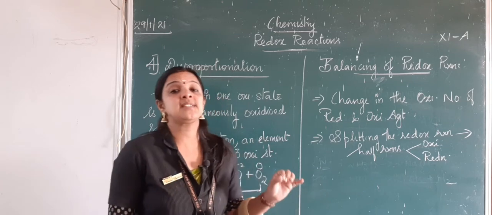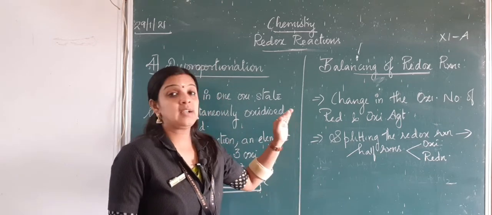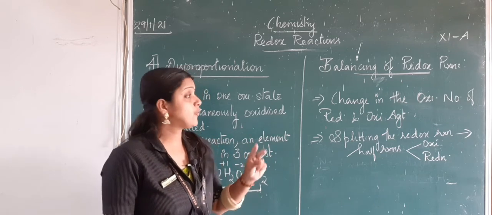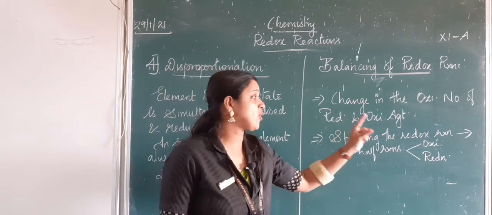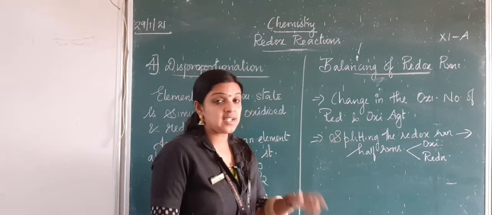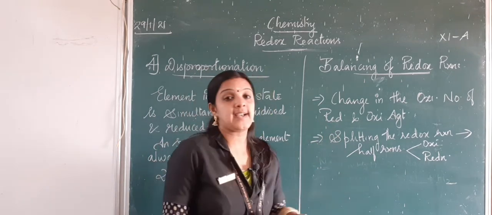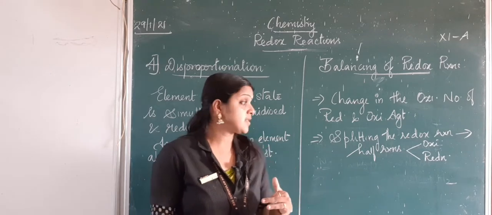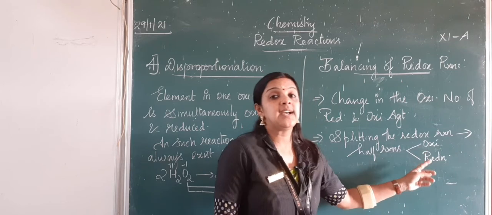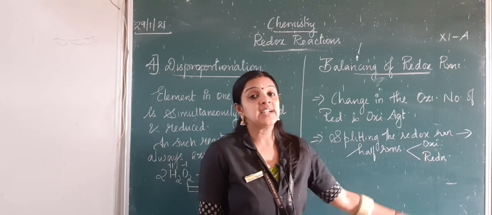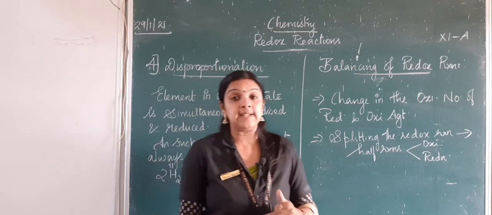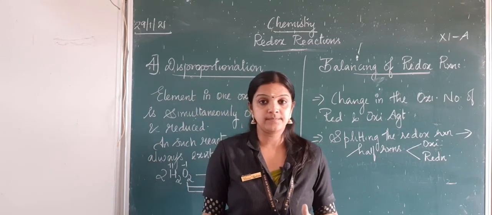Such balancing of the equation is done using 2 different methods. The first method is the change in oxidation state of the reducing and oxidizing agent, and the second is splitting the redox reaction into half reactions, where one reaction represents the oxidation half cell and the second represents the reduction half cell. These are the 2 methods which we will learn one by one.